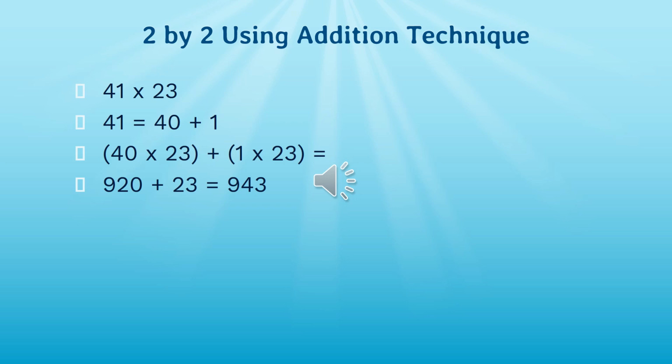So it's 40 times 23 plus 1 times 23. 40 times 23, that's 4 times 23 is 92, adding a 0, that's 920, plus 1 times 23 is 23, and adding 920 plus 23 is equal to 943.